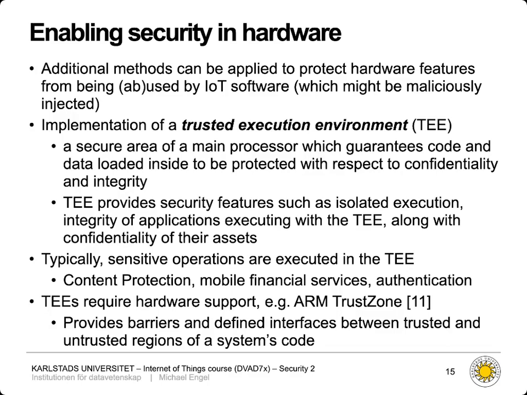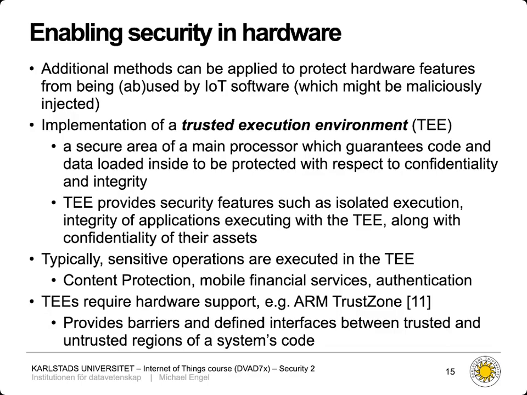Now, trusted execution environments require hardware support, and this is readily available, for example, in ARM processors using the TrustZone technology. This provides barriers and also defined interfaces between trusted and untrusted regions of the code on a system.